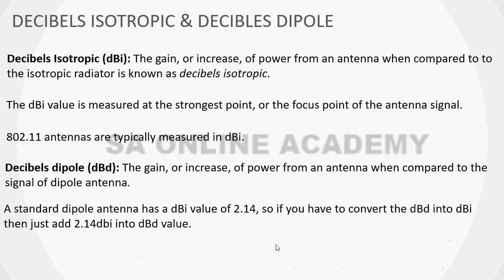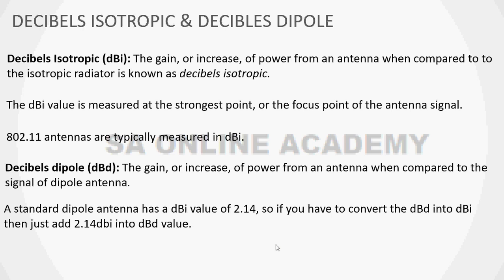Now in the antenna industry, as I said, for a relative unit you will use dBi, and for an actual unit you will use dBm. So what happens if you have one antenna with a dBd value, which is decibels dipole, and another with a dBi value? How would you convert it or understand the actual value? The answer is: a standard dipole antenna has a dBi value of 2.14.